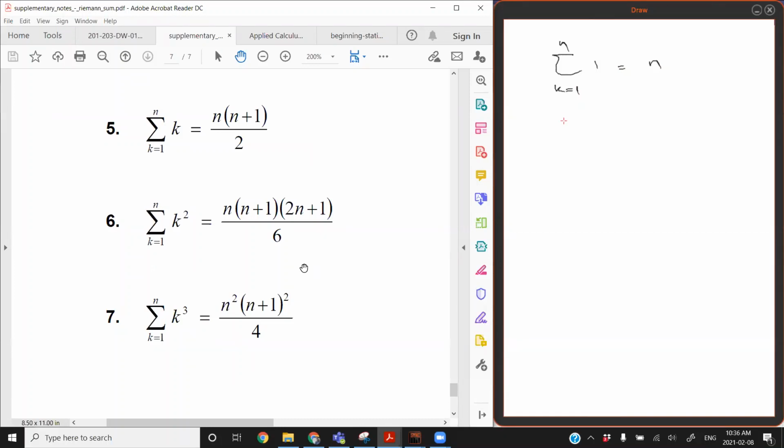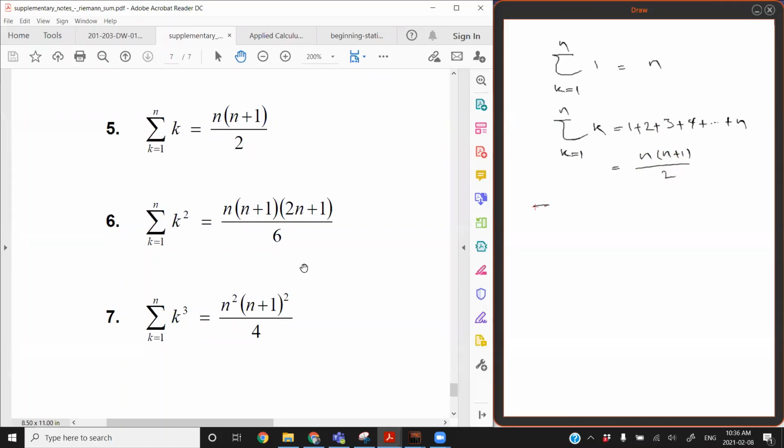If you have sigma k, k from 1 to n, that is, if you have 1 plus 2 plus 3 plus 4 all the way to n, then you can easily prove, doing some algebra, that this is going to be n times n plus 1 over 2.